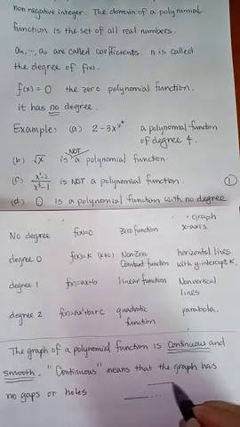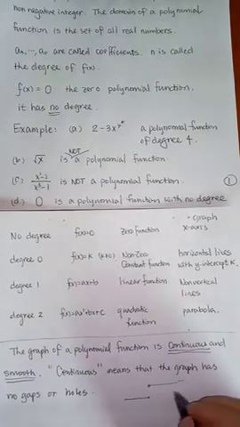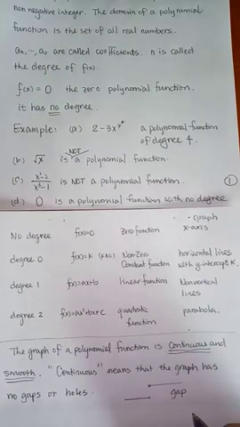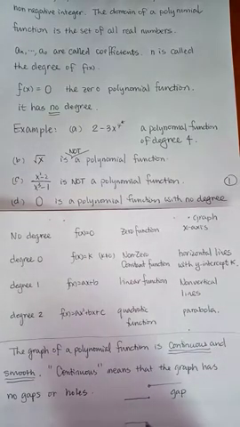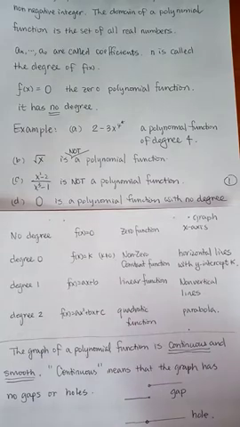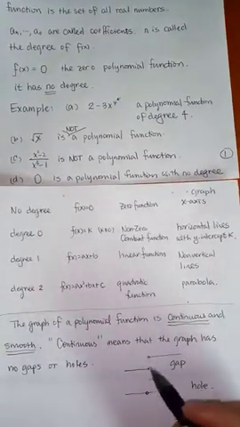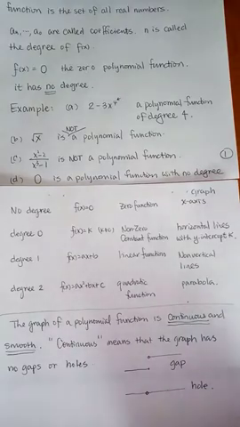This is a gap, like a jump. This is a hole. A continuous function means the graph cannot contain such situations.